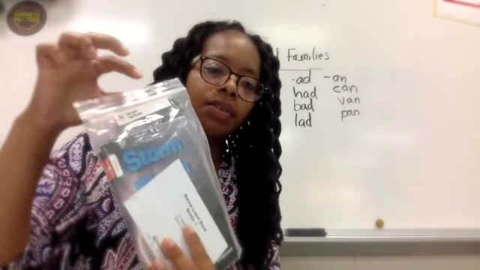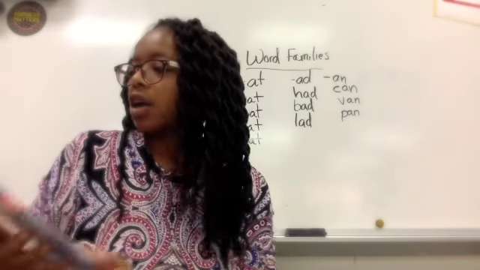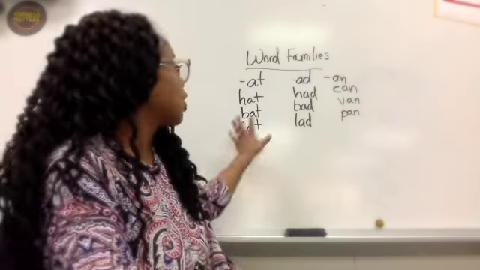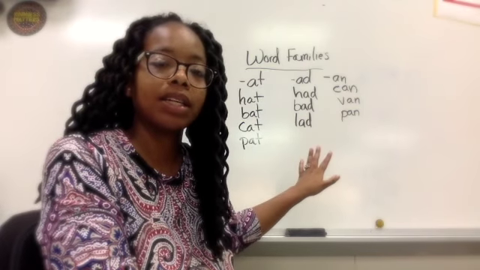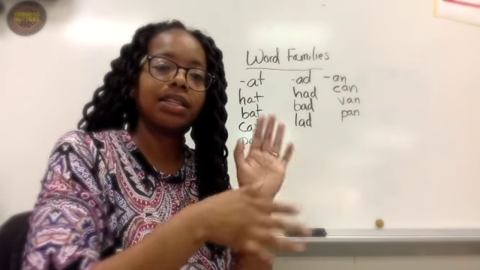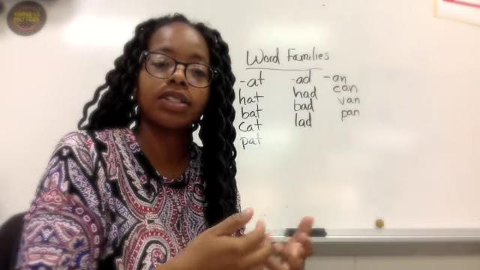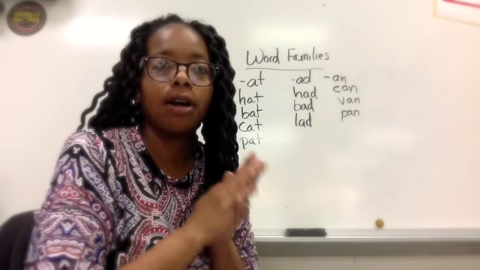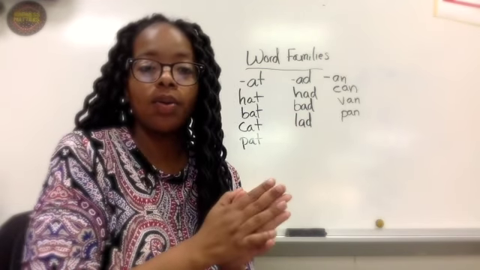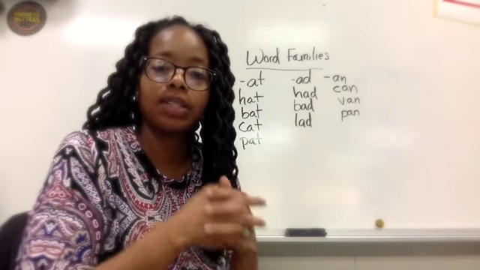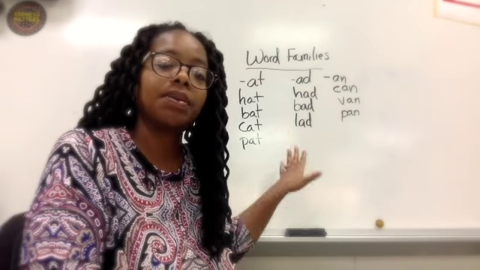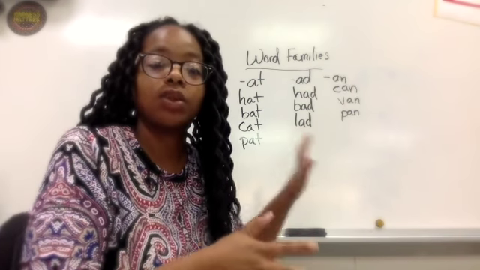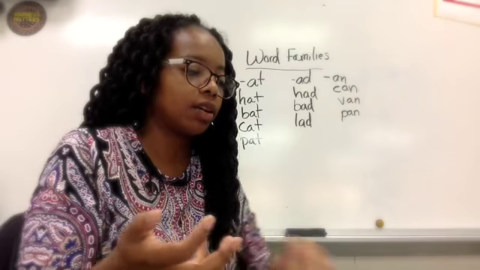Books are typically leveled, like this is a level I book. If I were working on word families, typically I will see word families within levels B, C, D, E, because even as authors, they know that students are beginning readers. They're just learning about the phonics in general. They're knowing that students are still working on blending words together. And word families are typically easier words for students to blend and know how to read.